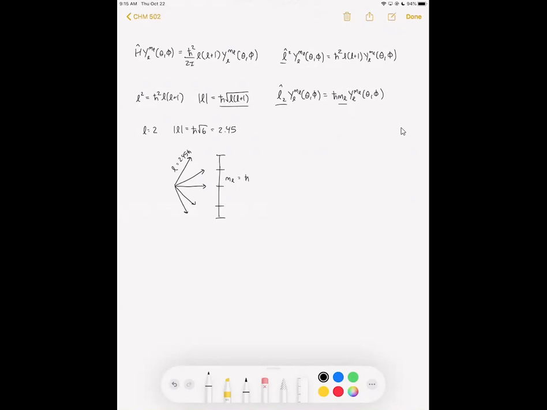These give us the meaning behind our L and M sub L quantum numbers, where L gives us the magnitude of our angular momentum vector, and M sub L is one of those components. And that gives us this interrelationship where M sub L is equal to plus or minus L, and then plus or minus L minus 1, and then all the way down to 0.